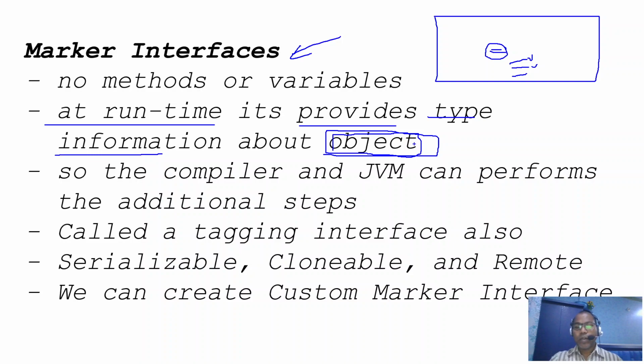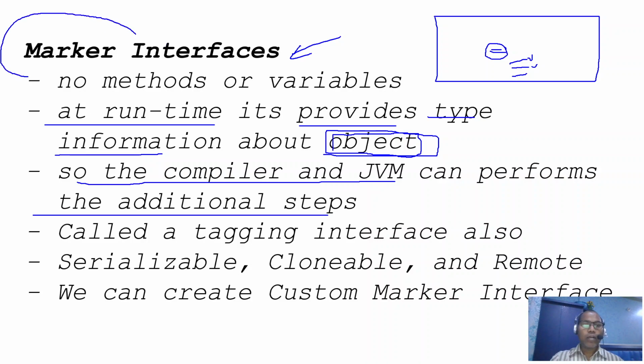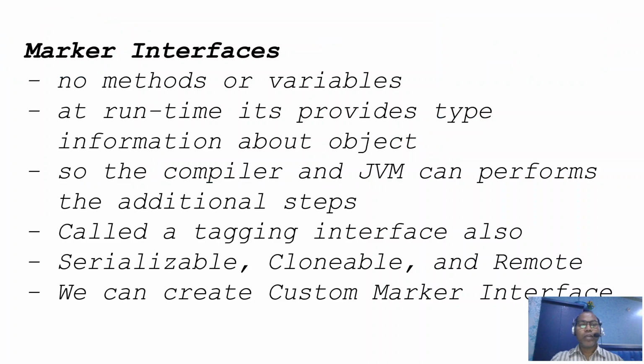But if the object has a marker interface, at runtime you can perform some additional steps. So a marker interface at runtime provides type information about the object, so the compiler and JVM can perform the additional steps and checks. Sometimes this marker interface is also called a tagging interface.